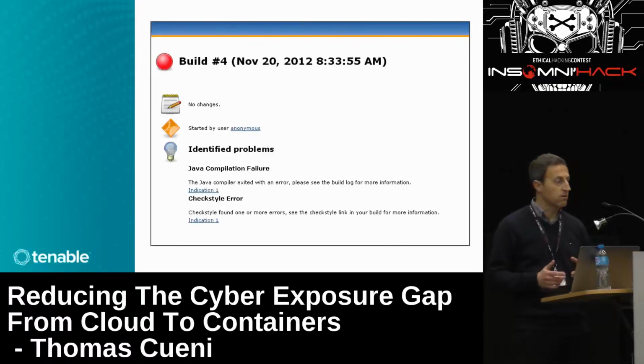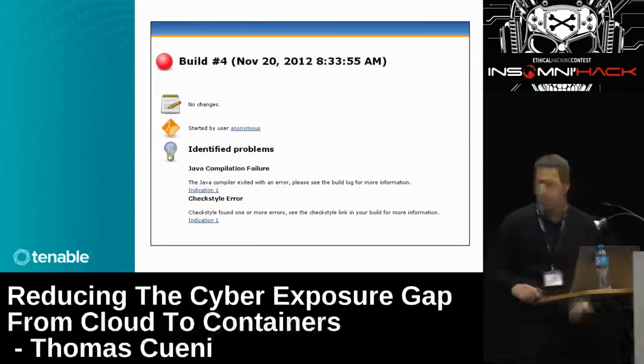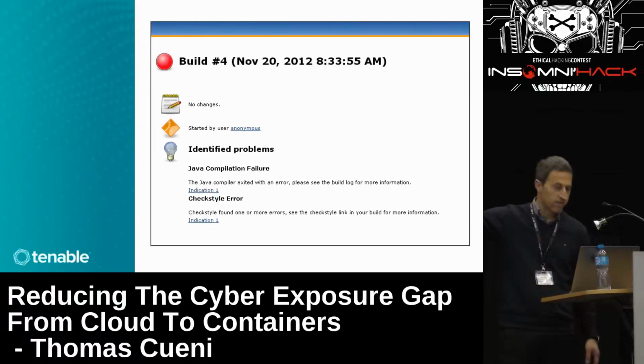When he uses his normal build tool like Jenkins and builds his software, he will get some messages, some error messages maybe, that there was a compilation failure, there are still some bugs. And what we want is to have the security information in here too.